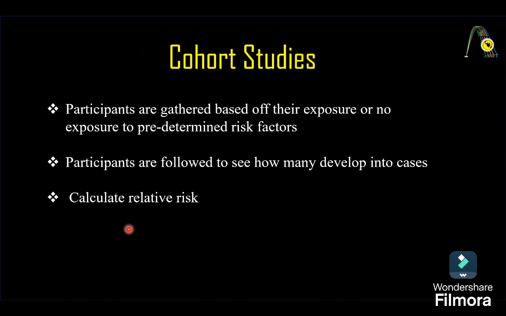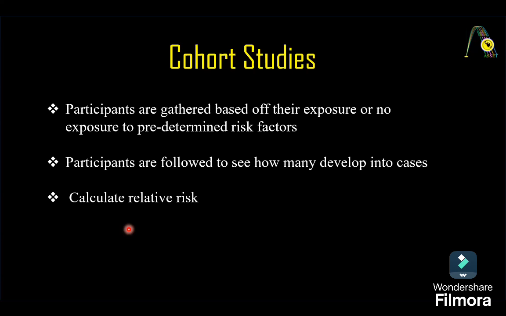Next, you have the cohort studies that we talked about. Like I mentioned before, these are where you gather participants based off their exposure status, whether they have predetermined risk factors. You gather participants by that method, and the participants are then followed to see who actually develops into cases. We discussed that for case control studies, the statistical method for determining risk was odds ratio.